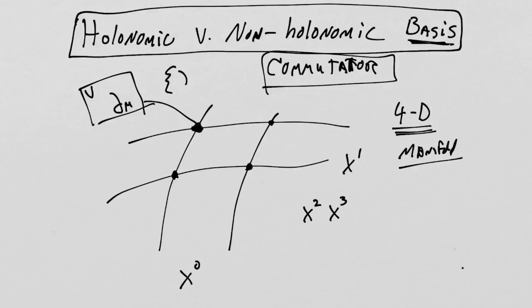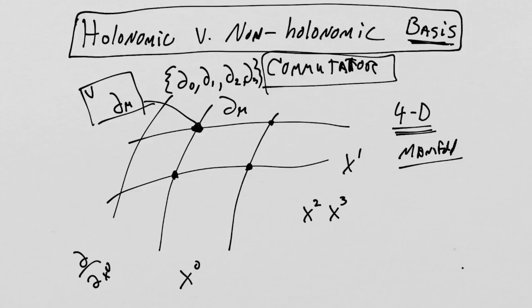So the basis is partial 0, partial 1, partial 2, partial 3, often written partial mu, and of course what this actually means is d by dx0, d by dx1, etc. Right? That's what that all means.